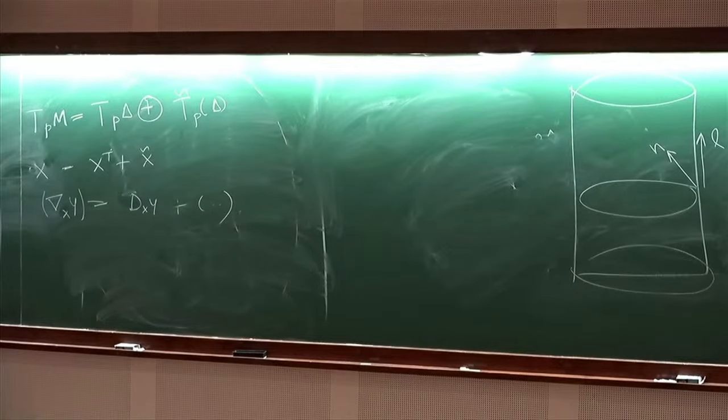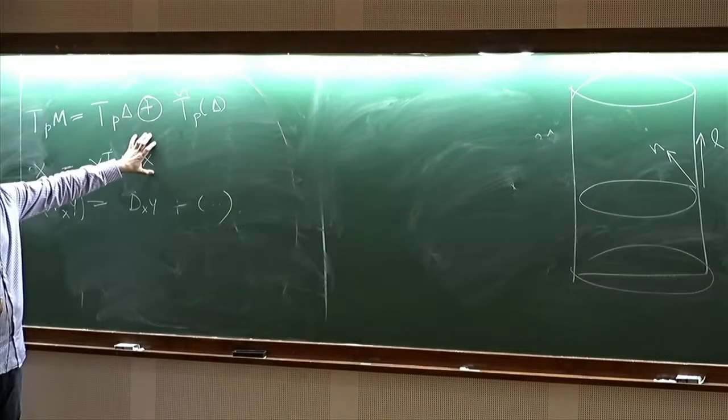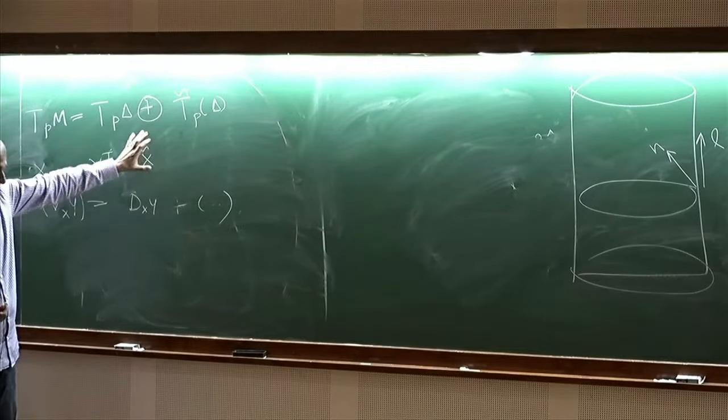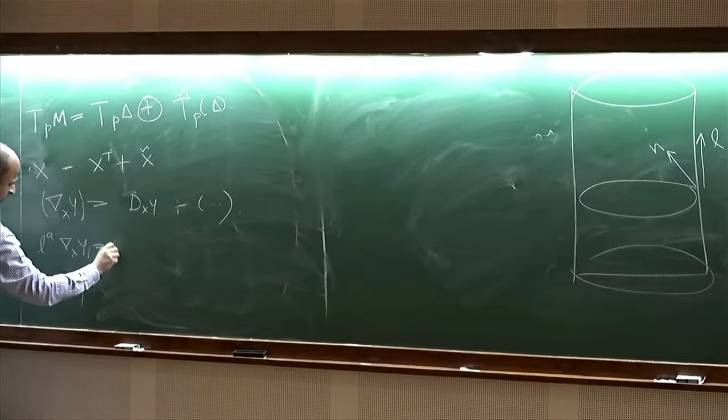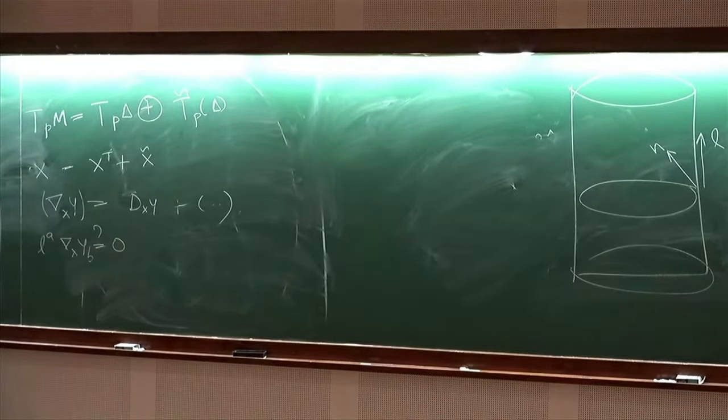Now, the only time when this works is if, for whatever reason, this vector field for any X and Y is always tangent to the horizon. Then there's no need to do this decomposition because then it's always part of this space. This doesn't matter. Then we can ask whether, in fact, this is always tangent to the horizon or not. In other words, we can ask if L_A dotted with this, well, this in fact is true. Why?